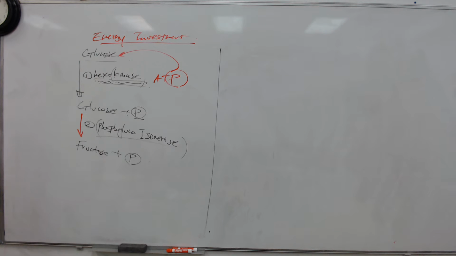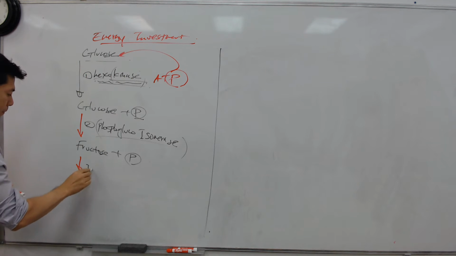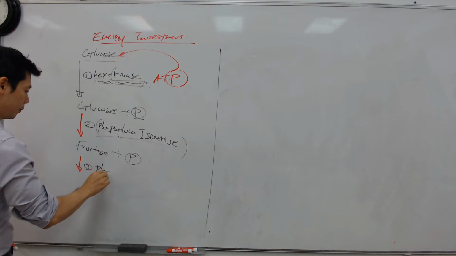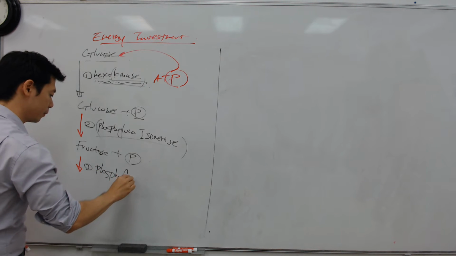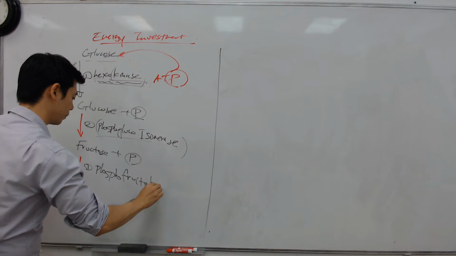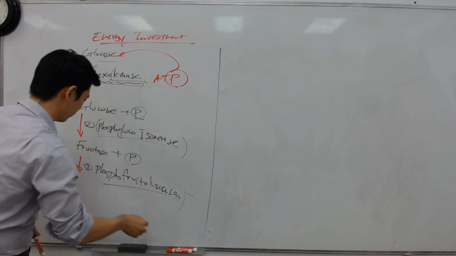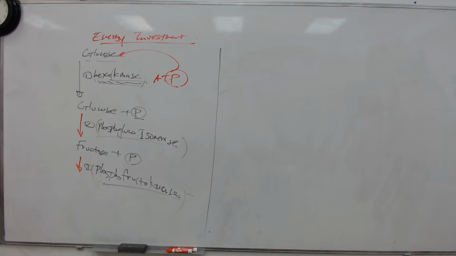And the next step, step 3, is phosphofructokinase. So it's a kinase again. You can go from the reading if I make a mistake. Which means it phosphorylates again, so the end product is a diphosphate.